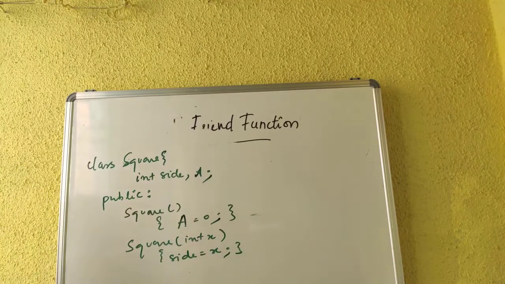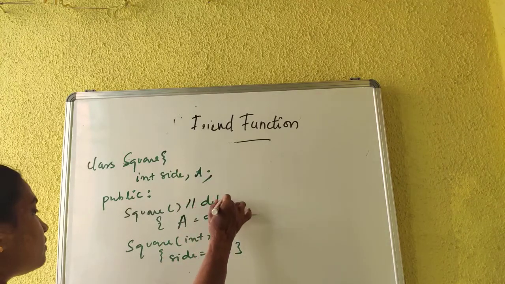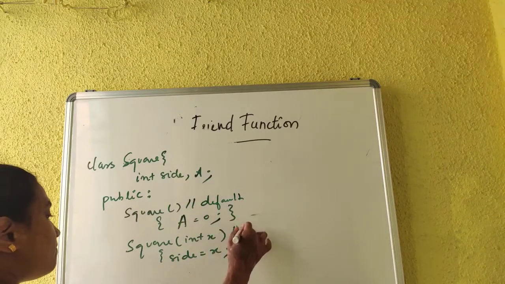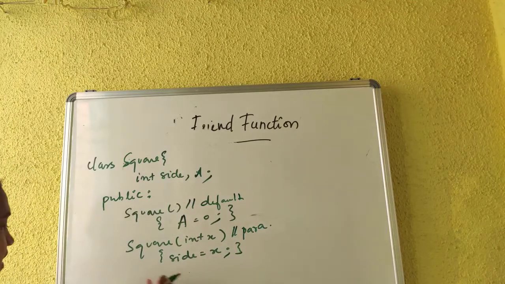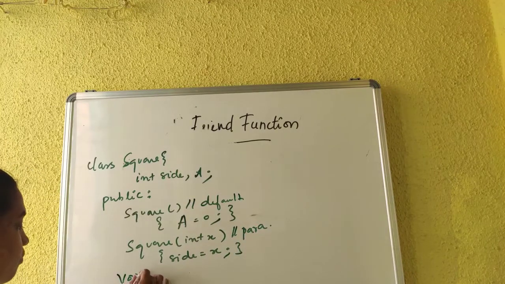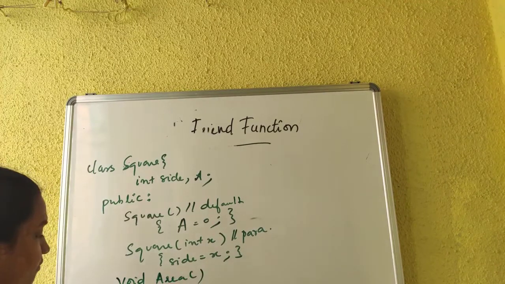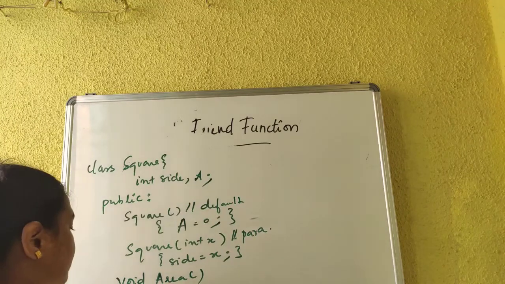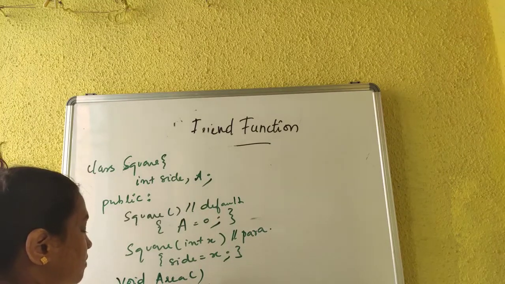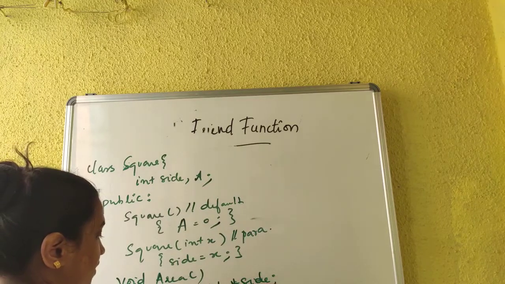You can use it like this. I'm just showing you an example of a previous session. This is a default constructor and this is a parameterized constructor. And then I have the member function called void area. If I define it inside the class itself, it will be something like this: A is equal to side into side.